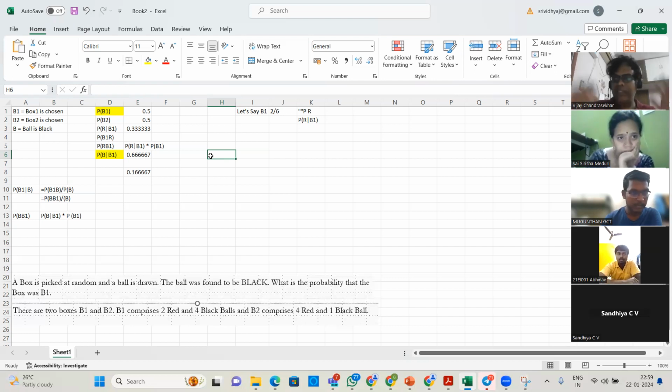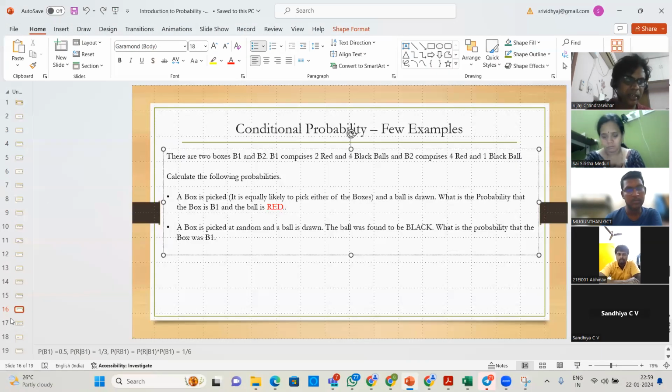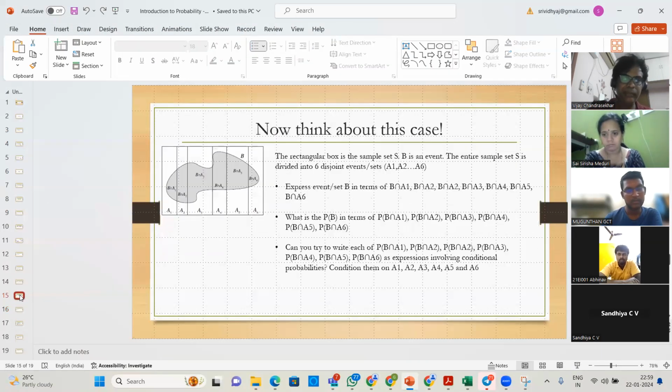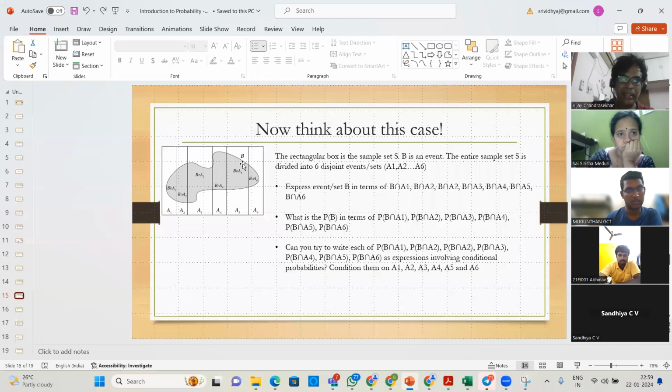Now I'll give an example. It goes back to the whole idea of the total probability, you remember what we did here? Imagine this B to be the B in the denominator. You're trying to figure out B. The challenge is to figure out B. It's not easy.